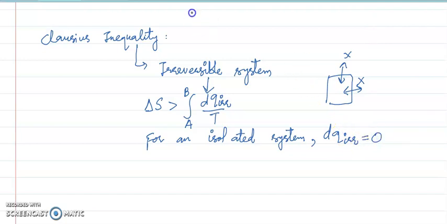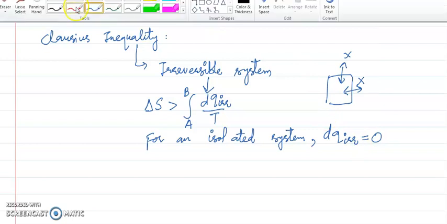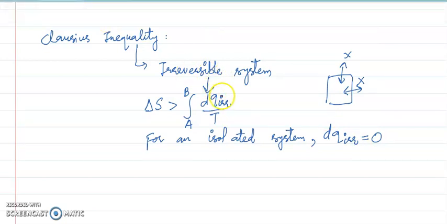So if this term is 0, it means this whole term becomes equal to 0. So we can write from this relation delta S will be greater than 0.